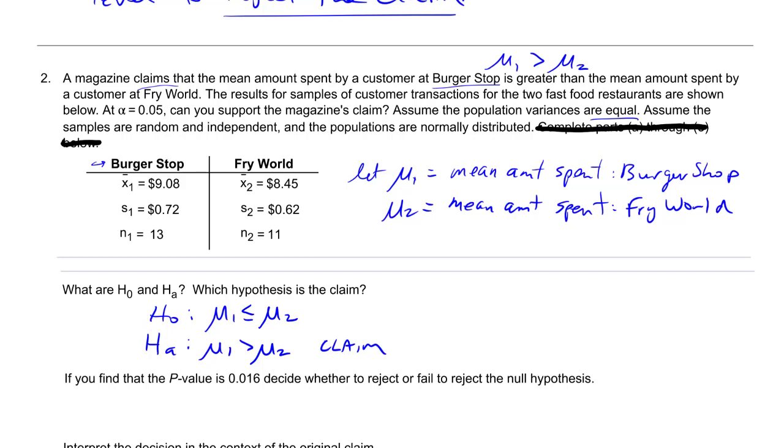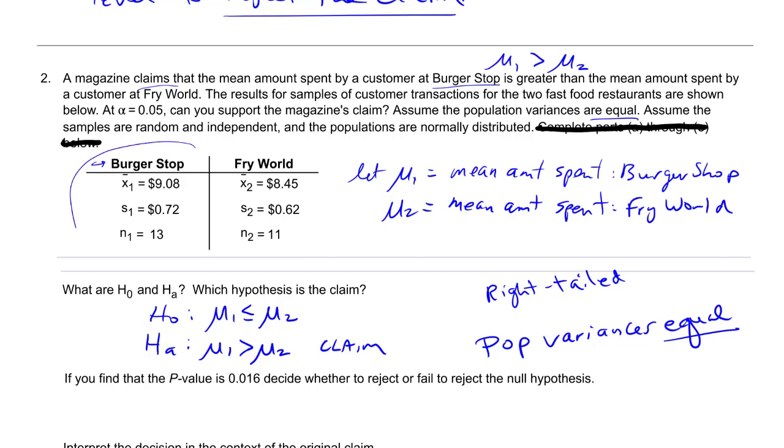Because we have mu1 greater than mu2 in the alternative, we're looking at the alternative for what tail it is, and that would be a right tail. We'll make note that the population variances are in fact equal here. Again, it's not going to show here, but we'll see the effect of that later.